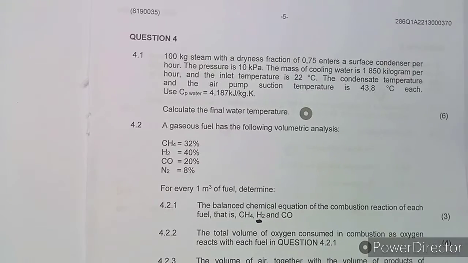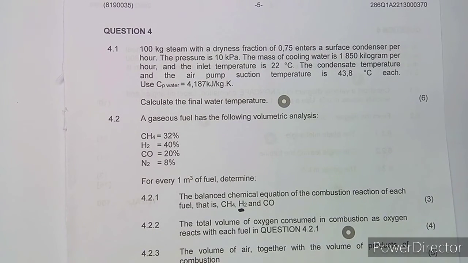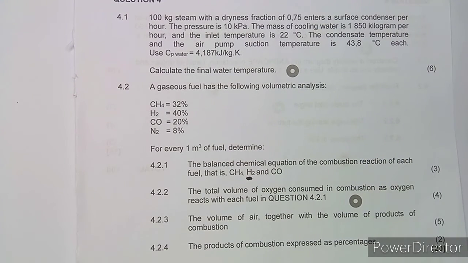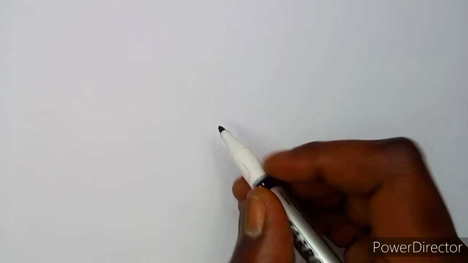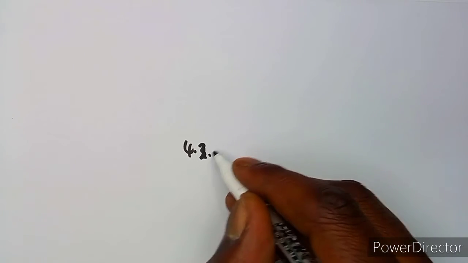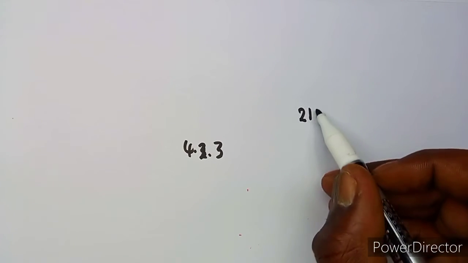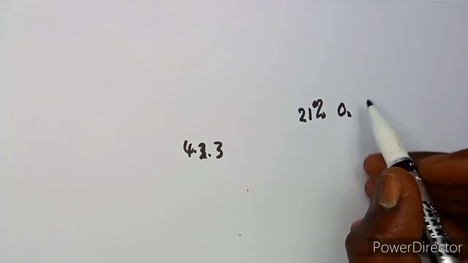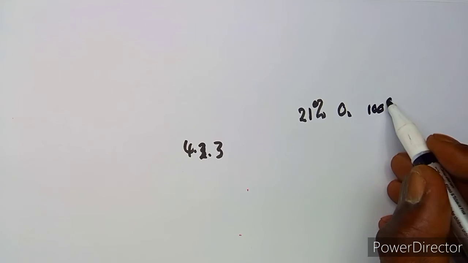So this is by volume, guys, and if you cross-checked on our first question, we said by air, by volume, it is going to be 21 versus 79. So which means we have got 21% of oxygen by volume, so air is at 100%.